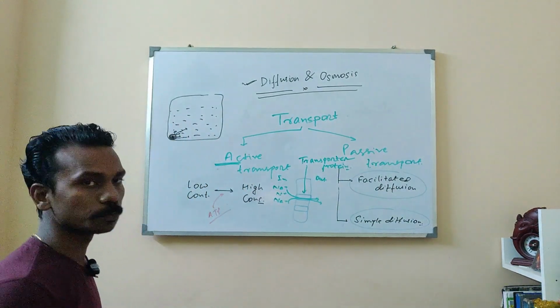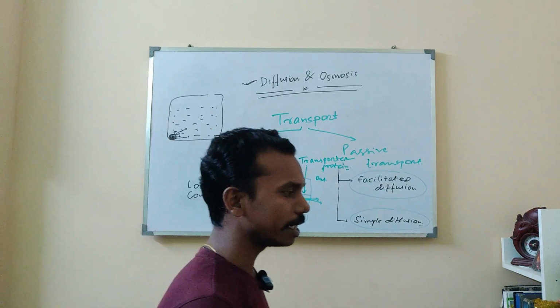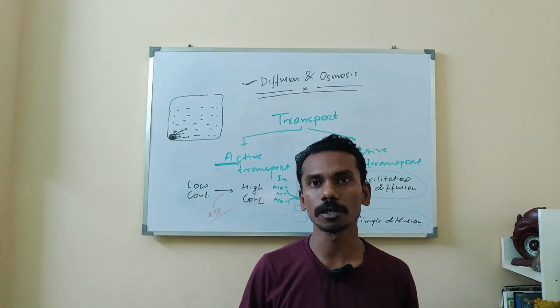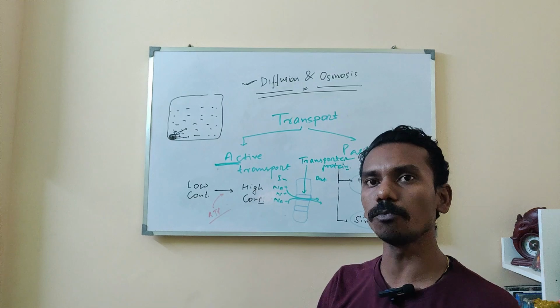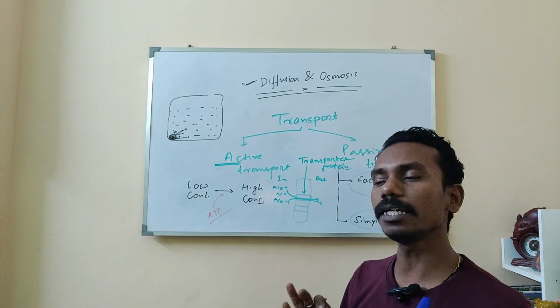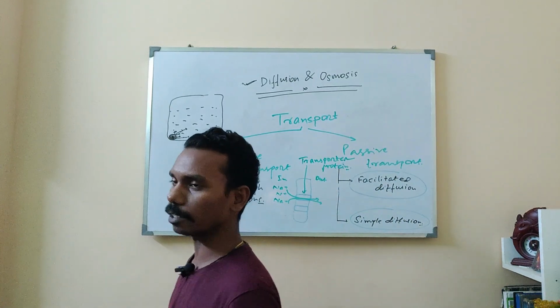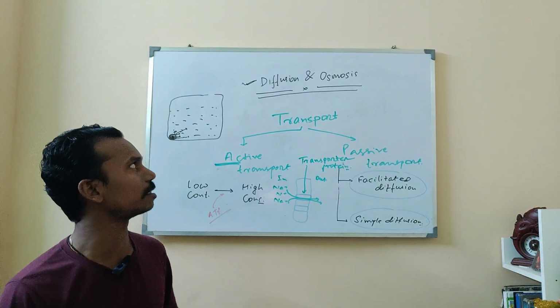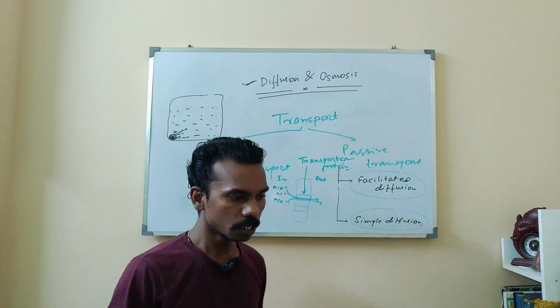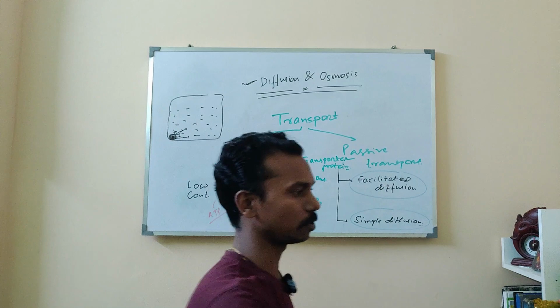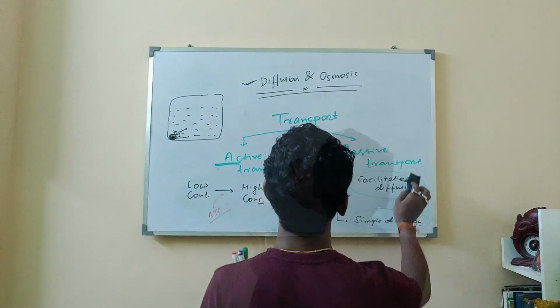Let's talk about the osmosis. So osmosis is basically the diffusion of solvent particles. There is no movement of solute. Only the movement of solvent particles are going to be considered as in the process of osmosis. So let's see what osmosis looks like.